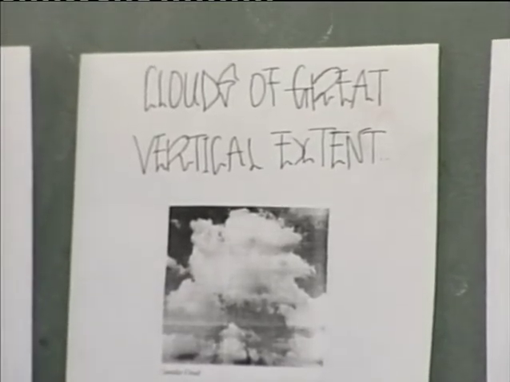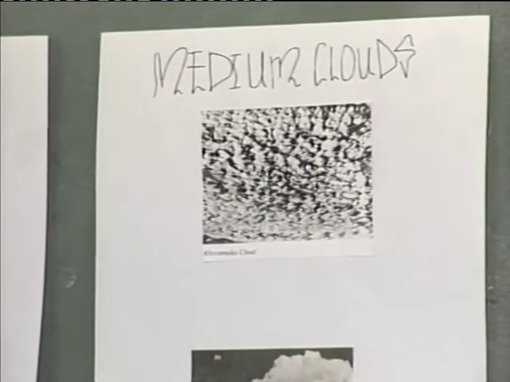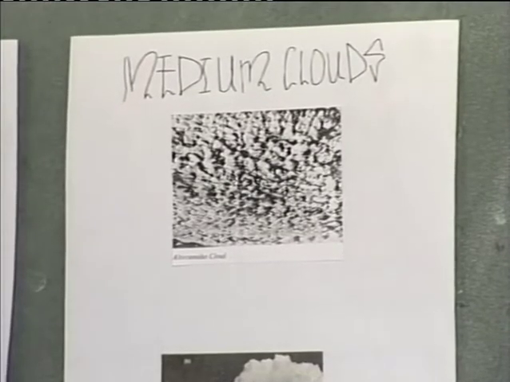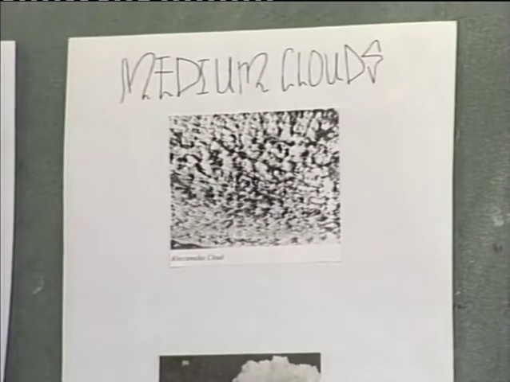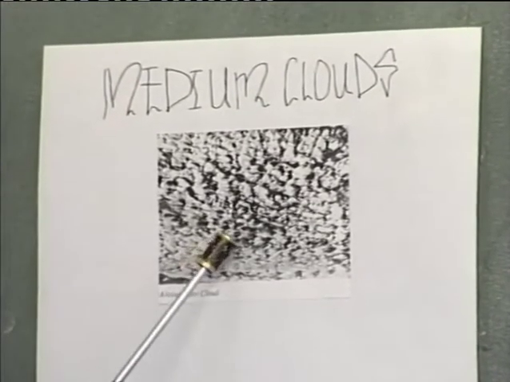I will talk about the medium clouds, which form between altitudes of 2,100 and 6,000 meters above sea level. The cloud in this picture is white, and it's the altocumulus.